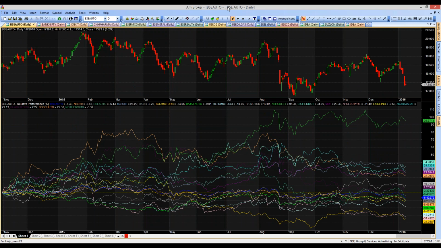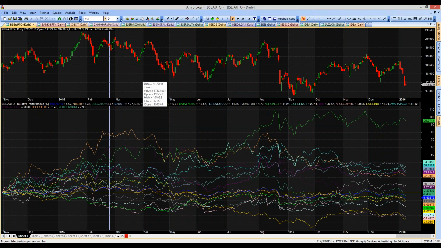So what I did is, on top you have the price chart of the index. Actually, you can change this to any price, any stock that you want. It doesn't have to be this. It can be anything that you want.